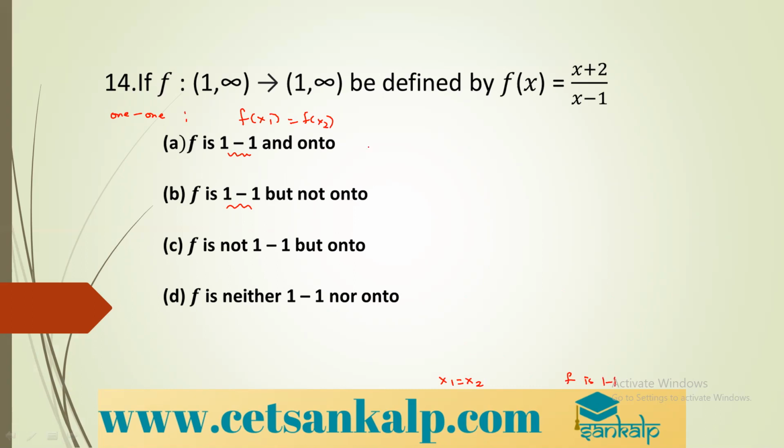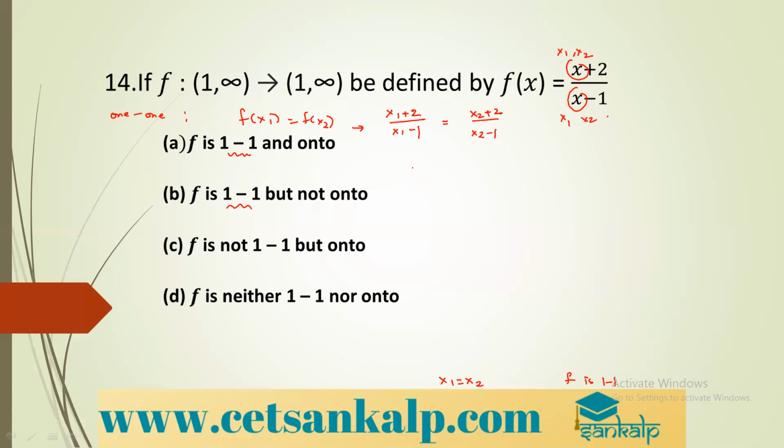So I will start. f of x1 means x1 plus 2 by x1 minus 1 equal to f of x2, means x2 plus 2 by x2 minus 1. So what I did, in place of x, I am writing x1 for the left side, x2 for the right side. In place of x in the function I have written.